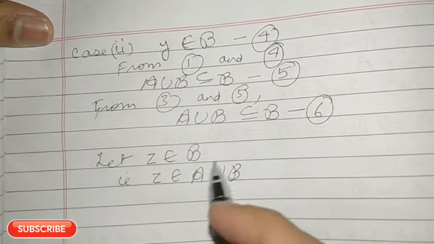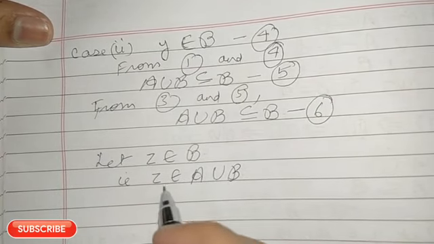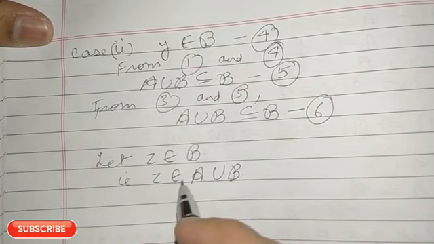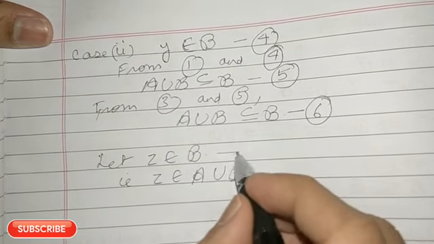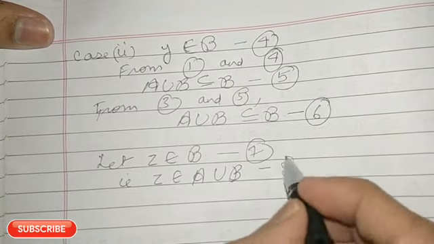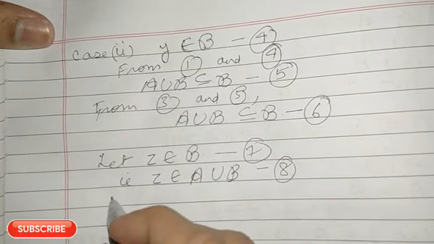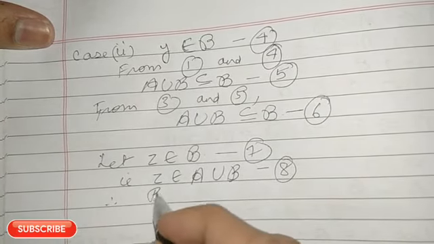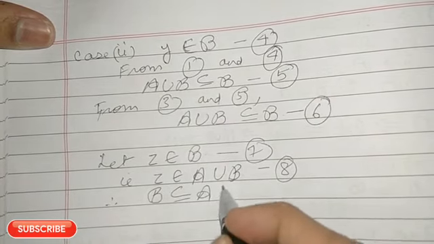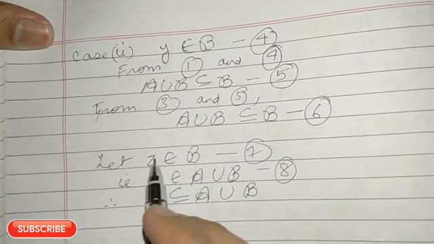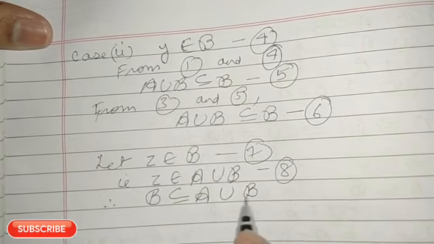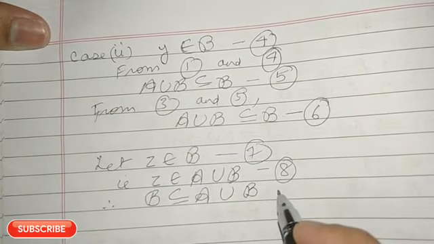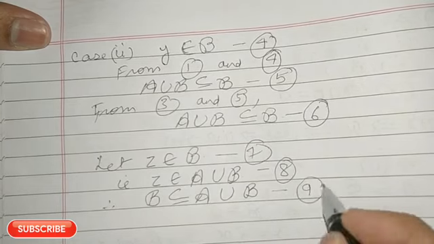A union B is all the elements of B and all the elements of A, so already Z is in B, so Z will be in A union B, right? So if we call this as 7 and 8, therefore B is a subset of A union B, right? Every element of B is in the set A union B, so B is a subset of A union B. Okay, so we can call this as 9.